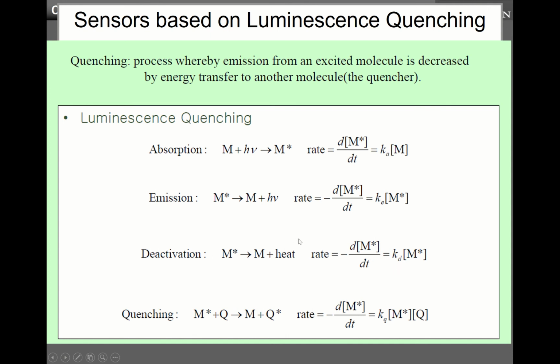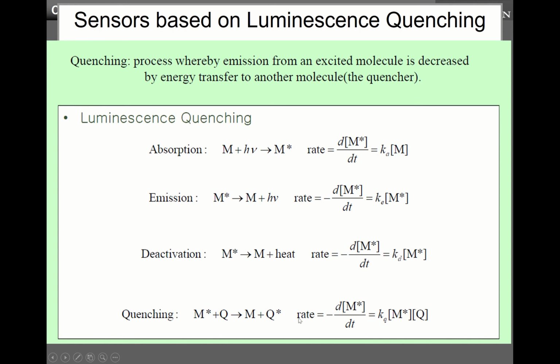Another mechanism is quenching, which is our interest now. Quenching needs a third body, Q, the quencher. The excited state reacts with the quencher, and energy is transferred from M star to Q. As a result, M and Q star are produced.